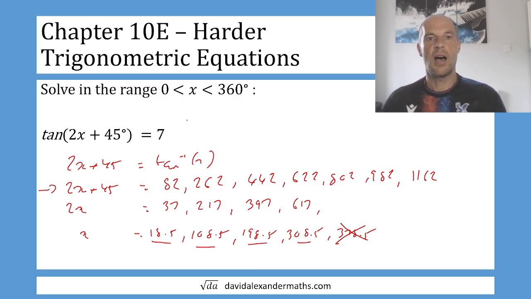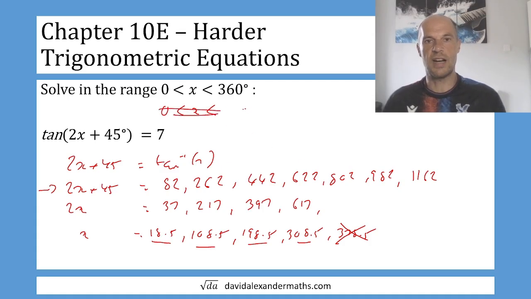So what we can do here is, if the range is 0 to 360 with x, then with 2x plus 45, we could have worked out how far we need to go by doubling this and adding 45. So 360 times 2 is 720 plus 45 is 765.